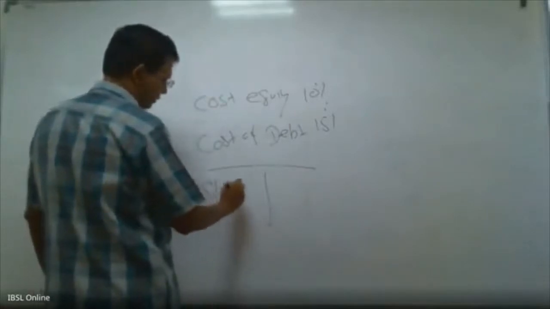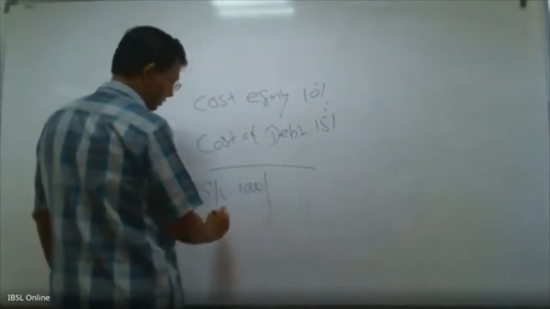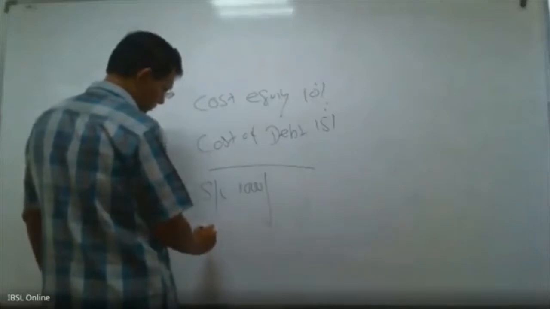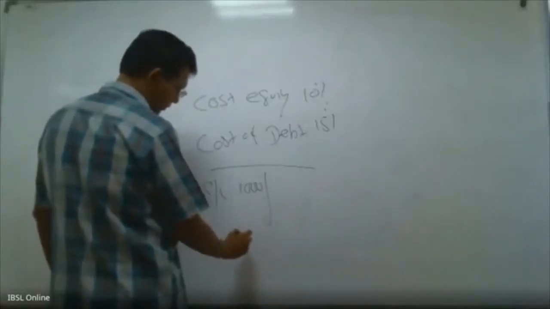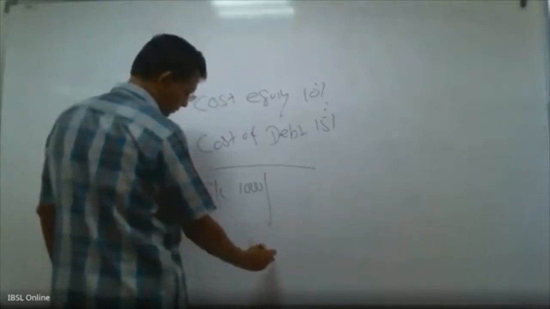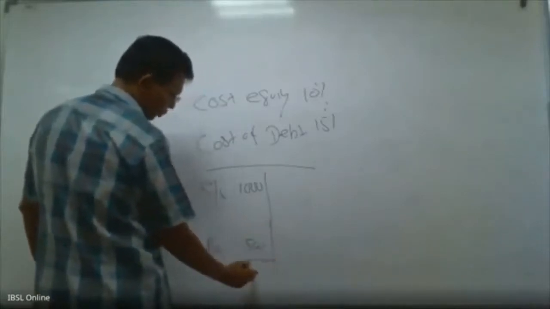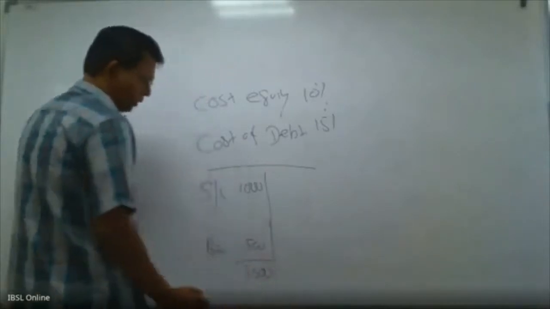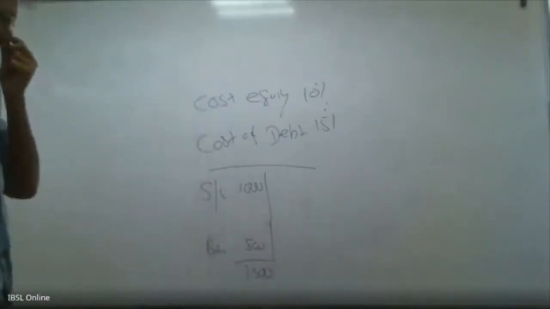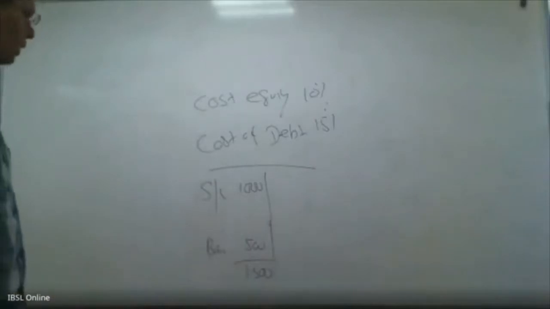Share capital 1000, and you have borrowings 500. Total is, you can see, 1500. So these are the questions that can come.